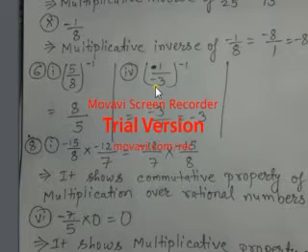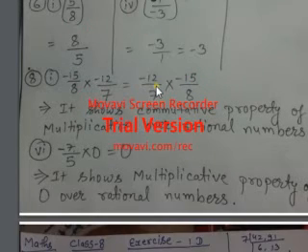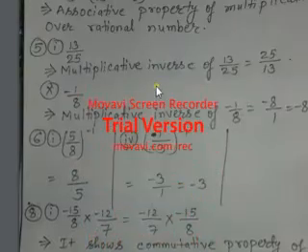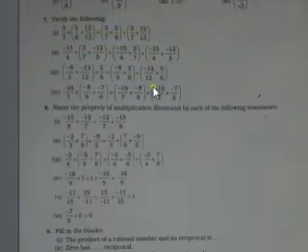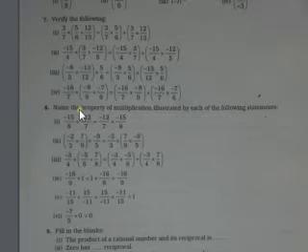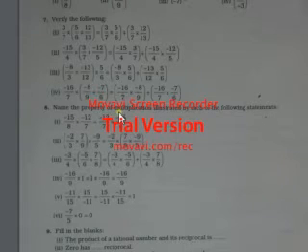It's very easy. Now here I had made question number 8, if you see. Question number 8 is: name the property of multiplication illustrated by the following statements. Here you have to write the property. If it is multiplication of 3 terms, 3 rational numbers, then it is the associative property.